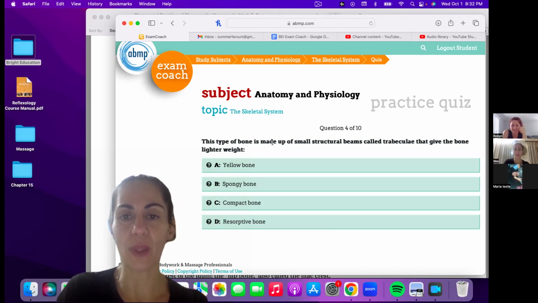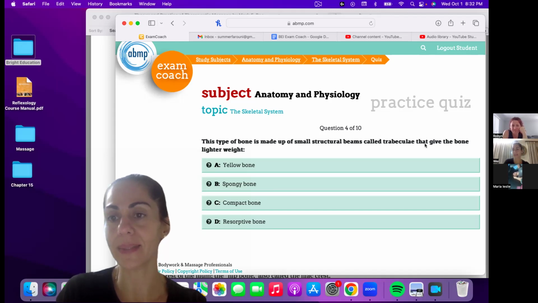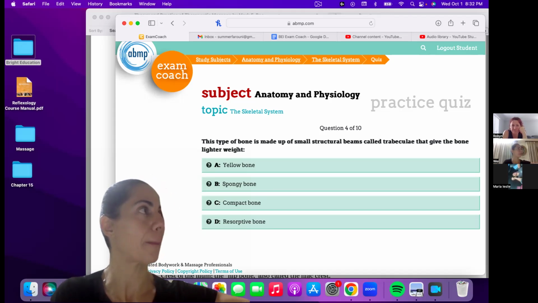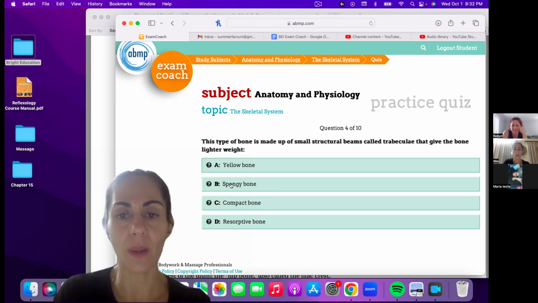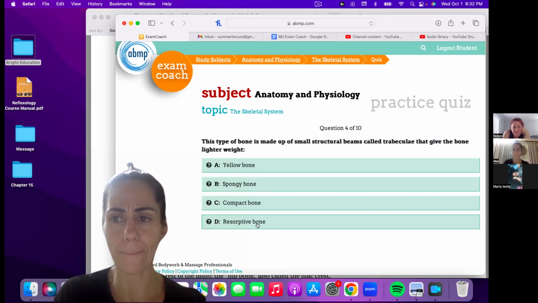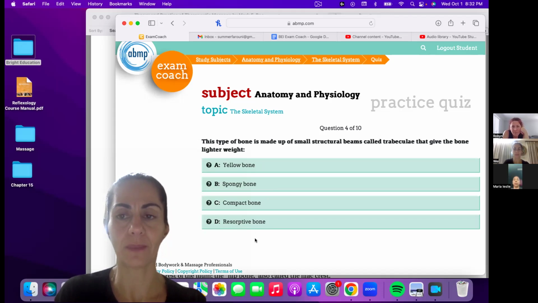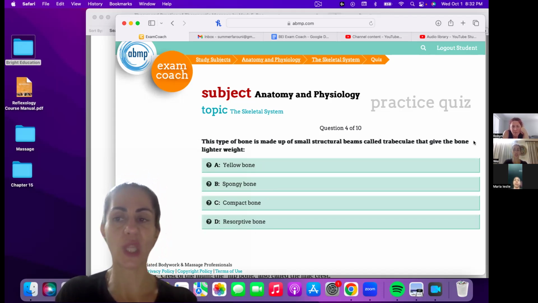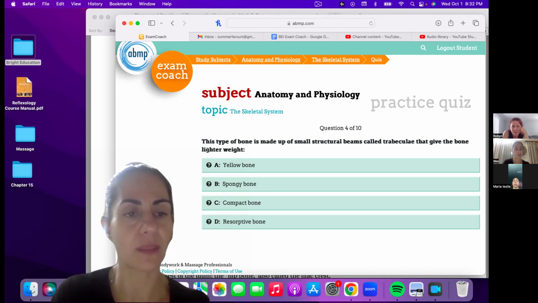This type of bone is made of small structural beams called trabeculae that give the bone lighter weight. Yellow bone, spongy bone, compact bone, or resorptive bone. I'm not very familiar with this question, so I think it's maybe the first time I come across it, but it's okay.